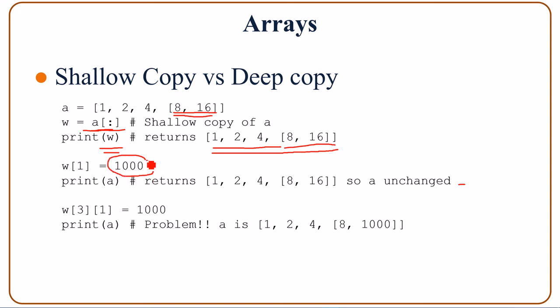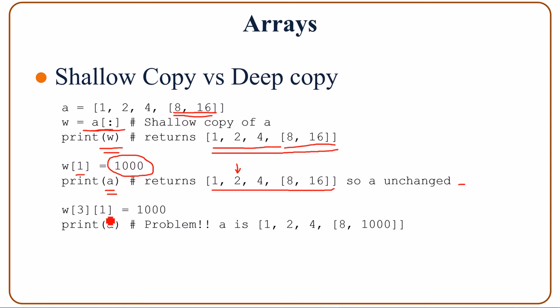Now we change the element of which the index is 1 in w, and then we print a to see if a is changed. a now returns this, right? So that is good, a was unchanged. If a was changed, then we would see this change to 1000. But a was unchanged, and we thought it is good.